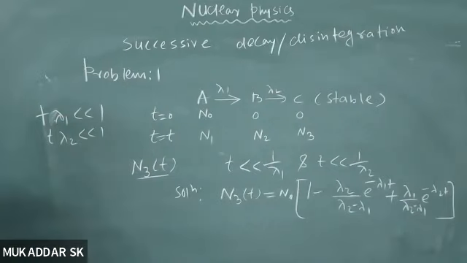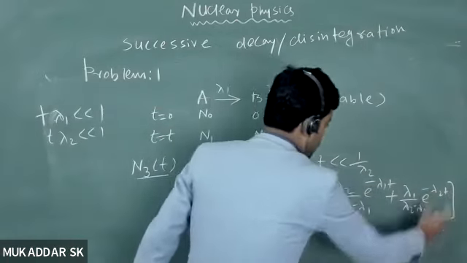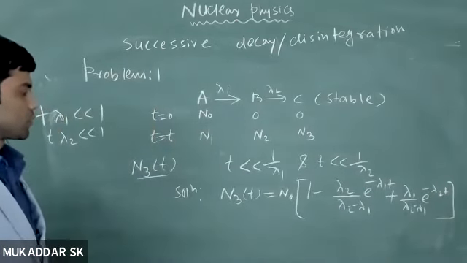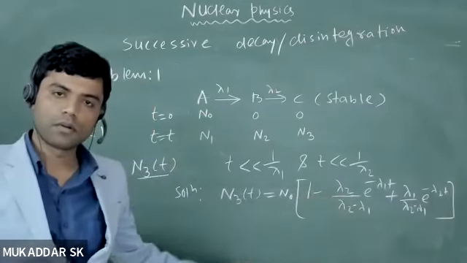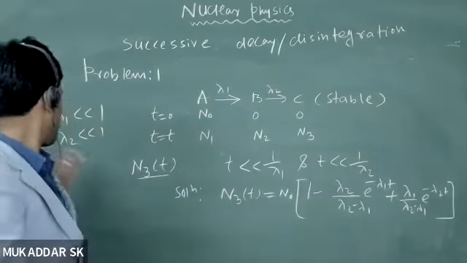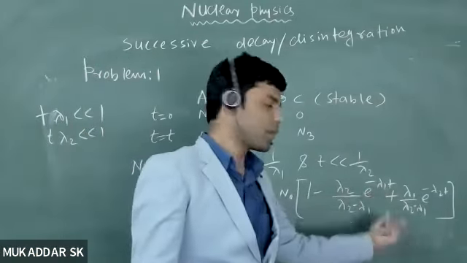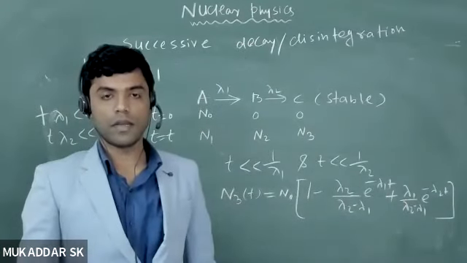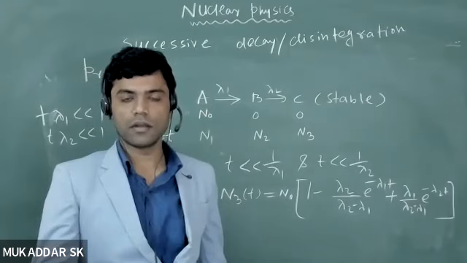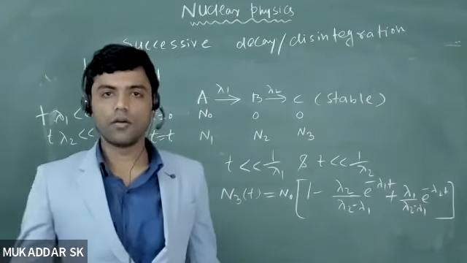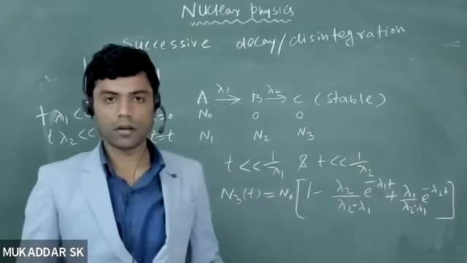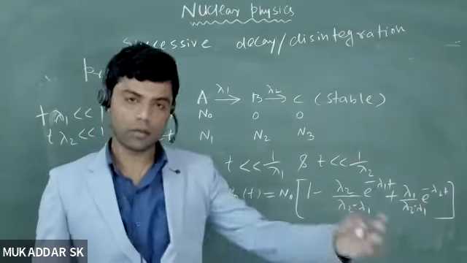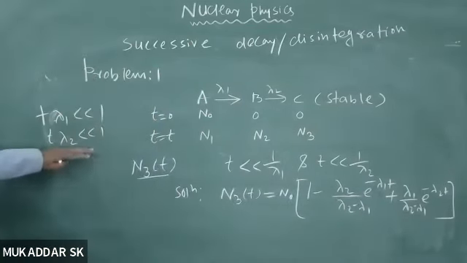So when the exponent is very small, I can expand, and I'll take only up to the quadratic term, because when this number is so small, its higher powers, square and cube and so on, will be insignificant. So I'll expand and ignore all the higher order terms because of this condition.